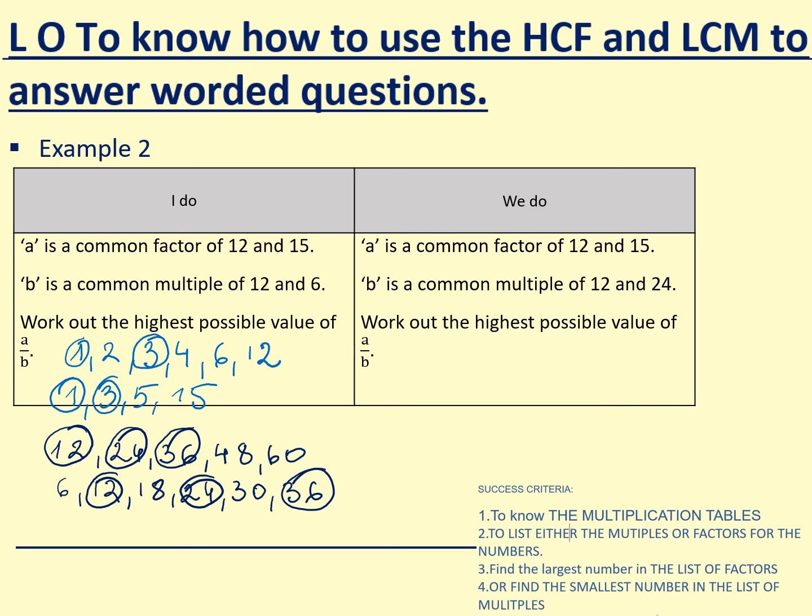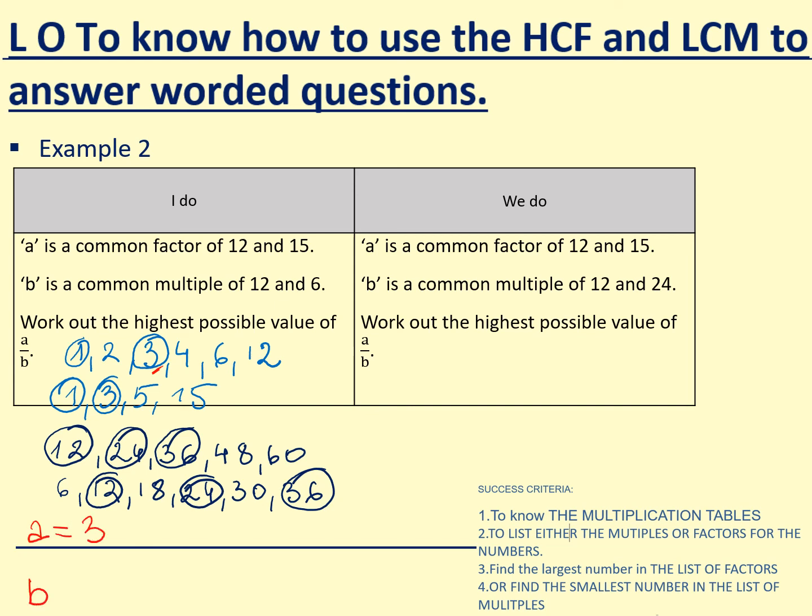So now, work out the highest possible value of this fraction. So A divided by B is the largest when A is as big as possible and B is as small as possible. So A would be the highest common factor of 12 and 15, which in this case is 3. So A equals 3.